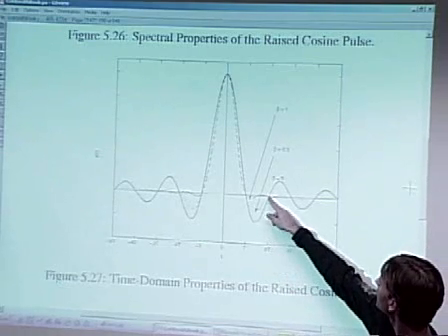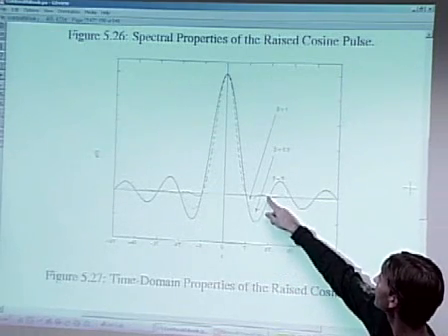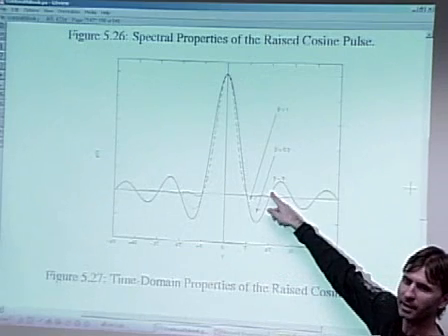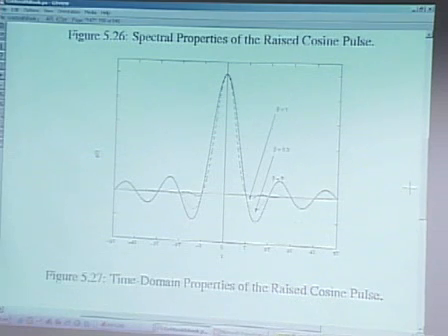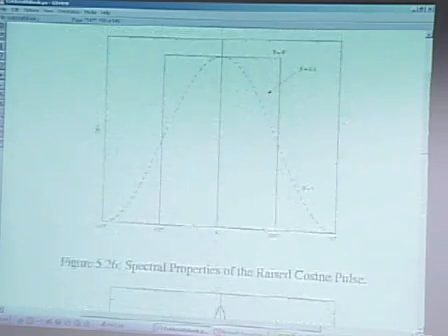Then the smaller the beta, the larger the ISI I'm going to pick up. So there is a trade-off between robustness to synchronization inaccuracies and frequency compactness. And so this has to be carefully studied.